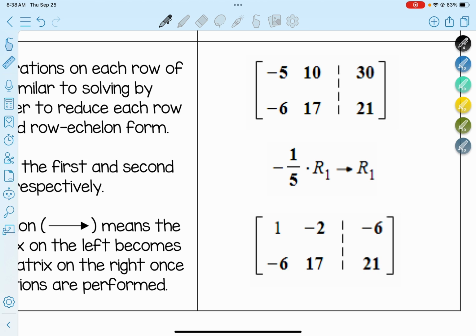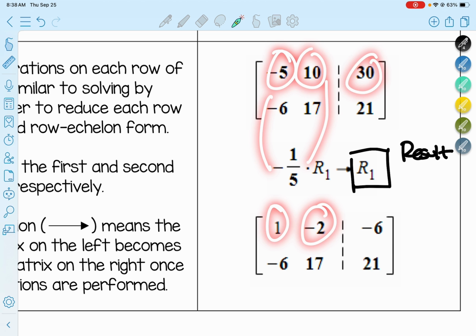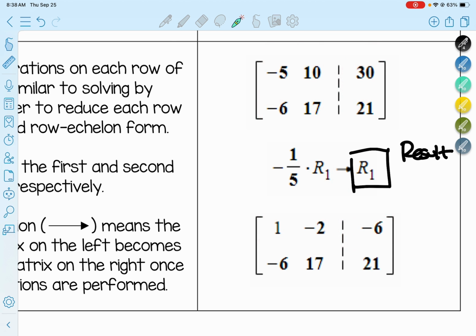This is the most important part right here. We have to remember which row is being changed, the result. So I go negative 5 times negative 1/5, which gives me 1. 10 times negative 1/5, which is negative 2. 30 times negative 1/5, which gets me negative 6.